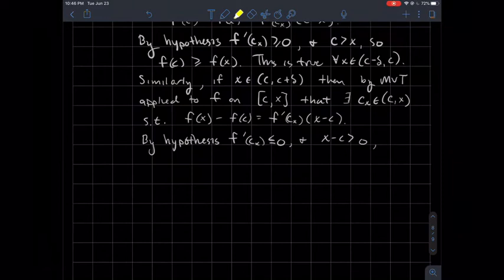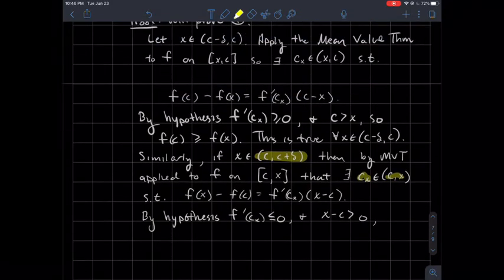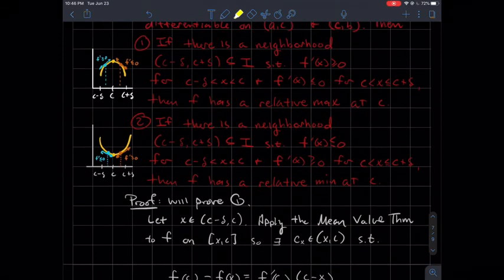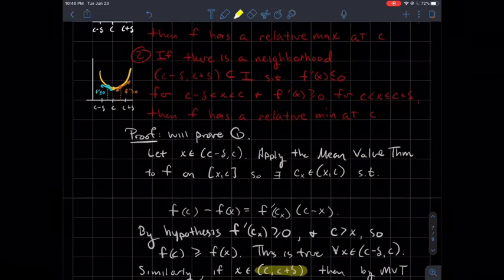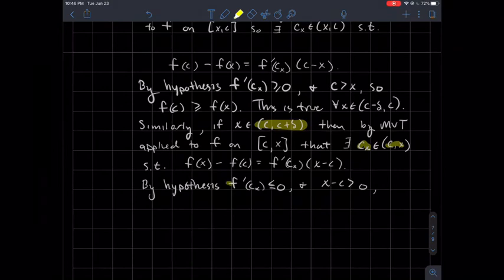So now what can we say? Well, in this case, this number c sub x is to the right of c. So in particular, it's in this interval here. And so what did I assume about that? If I go back up to number 1 here, I assumed that the derivative is non-positive whenever you took values that are between c and c plus delta. Great, so that justifies why I'm saying the derivative at c sub x should be non-positive.